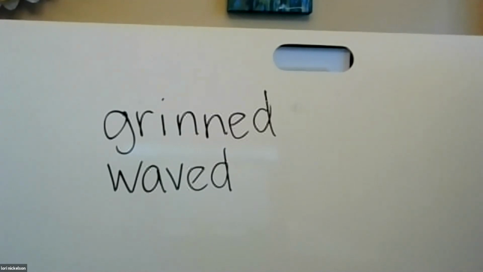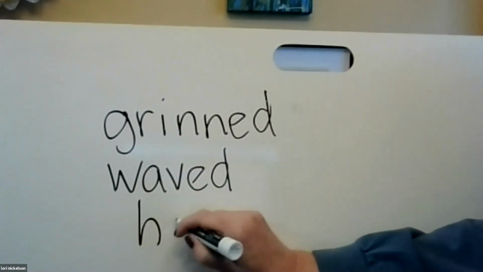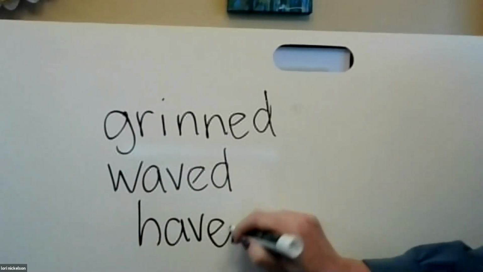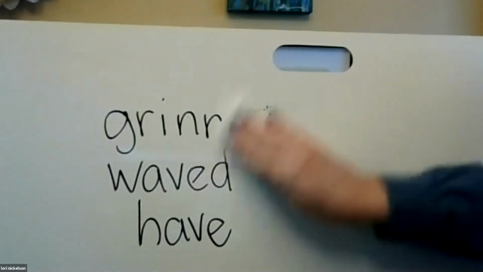My grandma waved bye to me. And our last word, have. I have a new pair of shoes. Have. All right, notice all of those words have something in common. They all ended with ed except for the word have.